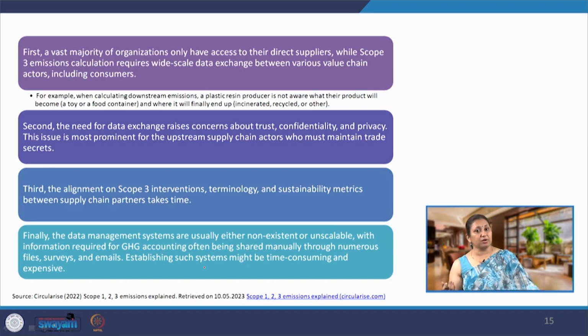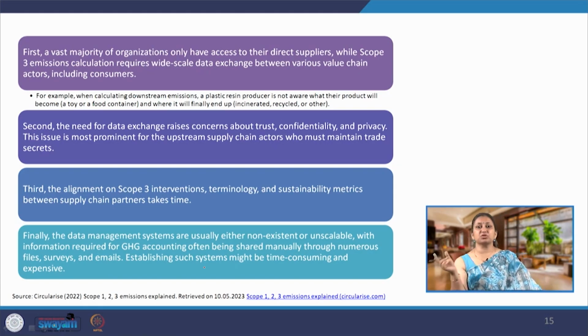But when we talk about scope 3, there we will have a slight difficulty, a challenge, in first understanding what is going where, what is going to be the scope 3 part. But even once we have done that, we have a lot of problems in actually measuring the emissions. For example, the majority of organizations know of their direct emissions, but they do not know what their vendors or suppliers are doing, upstream and downstream, how they are producing their goods.